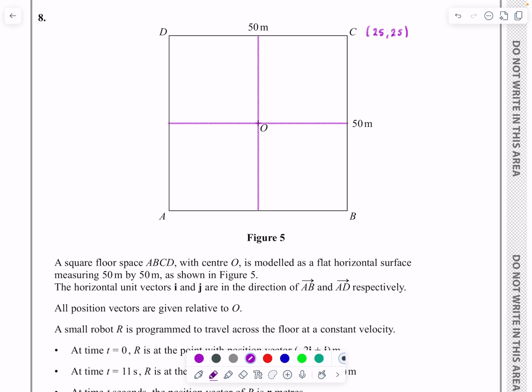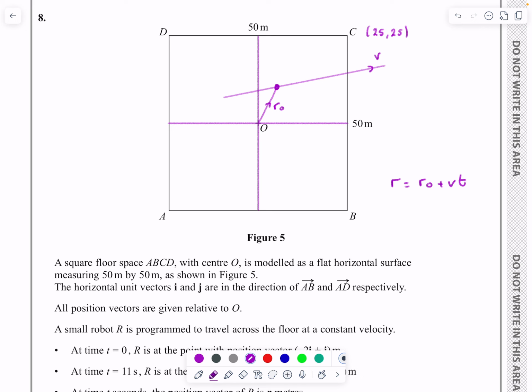For vector equations, we say that r is equal to r0 plus vt. Well, where does all that come from? r0 will generally be where my object, this is a robot in this case, starts off. So r0 is the initial position from it. And then in most standard questions, they'll tell me the velocity or the direction of travel for the robot.